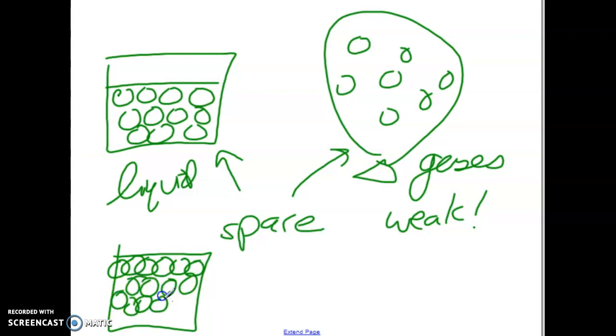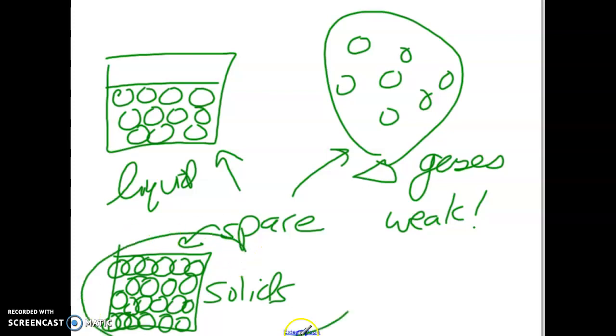Their attraction between particles is very high. The reason why you have these different states of matter is because you have different attraction levels between atoms. So now you're learning what those attractions are. The attractions are either London dispersion, dipole-dipole, or hydrogen bonding.